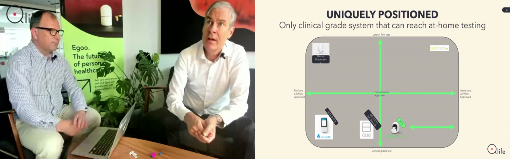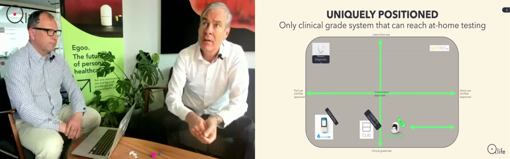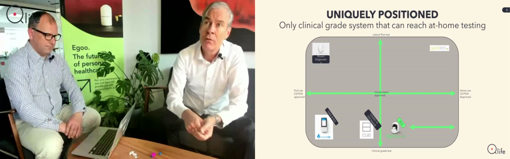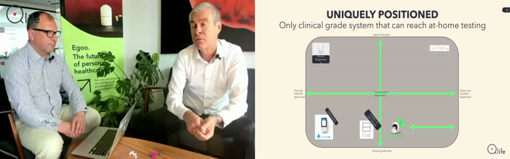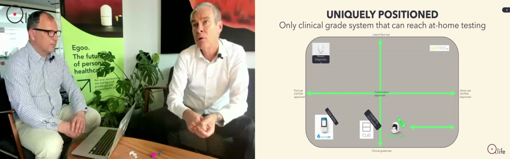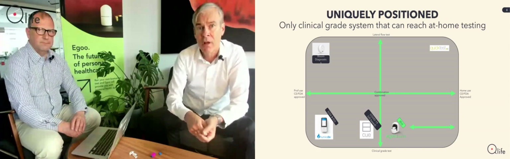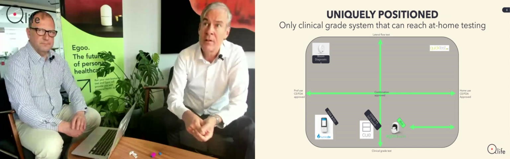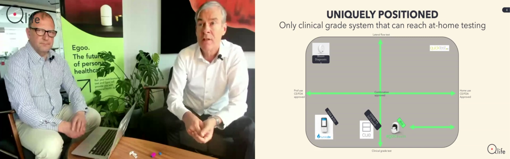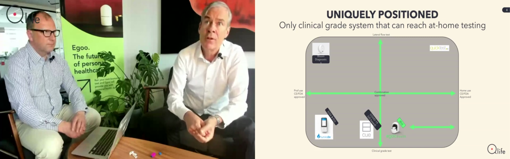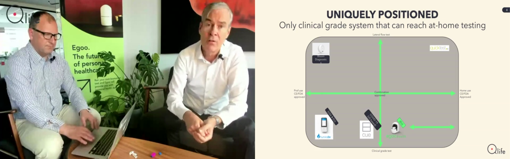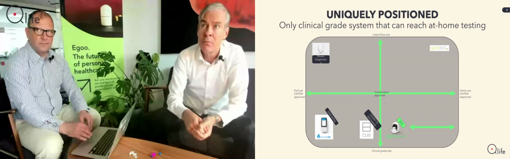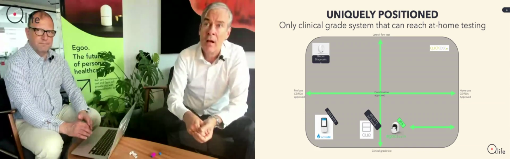Yes, then I have this slide here is basically, first of all, to say that in terms of competitors, there are quite few. Of course, there are some, but in terms of what we are trying to achieve, there's basically only Egoo Health, and what you can say is that it's often a trade-off between quality and ease of use, and that's what we're trying to represent with this slide here.